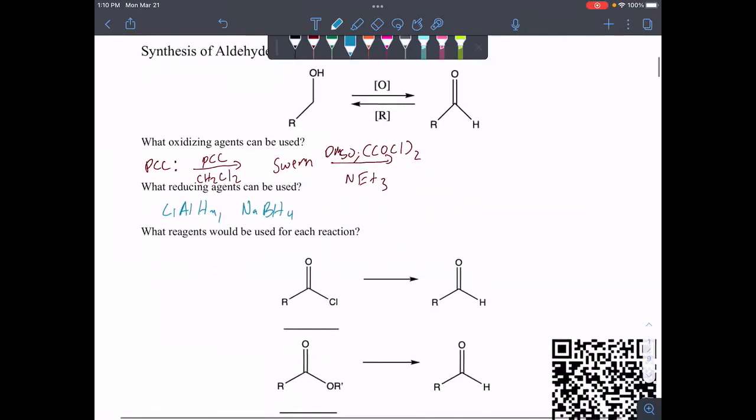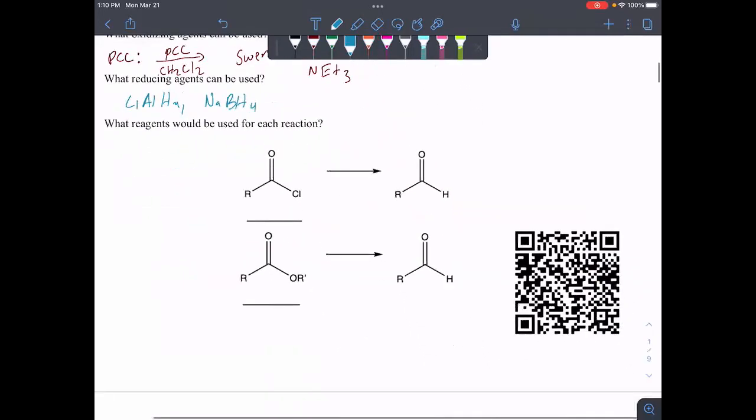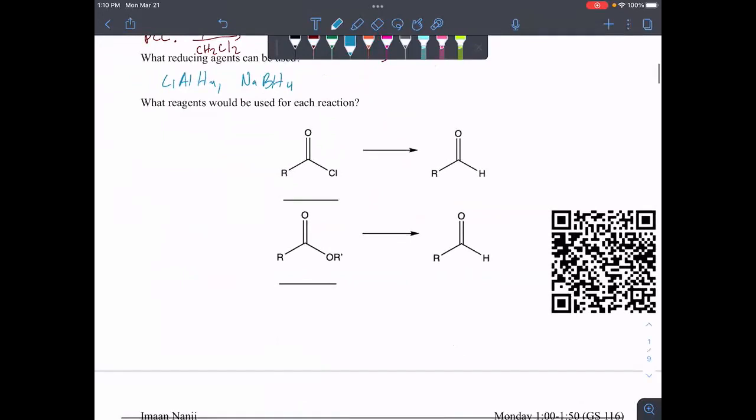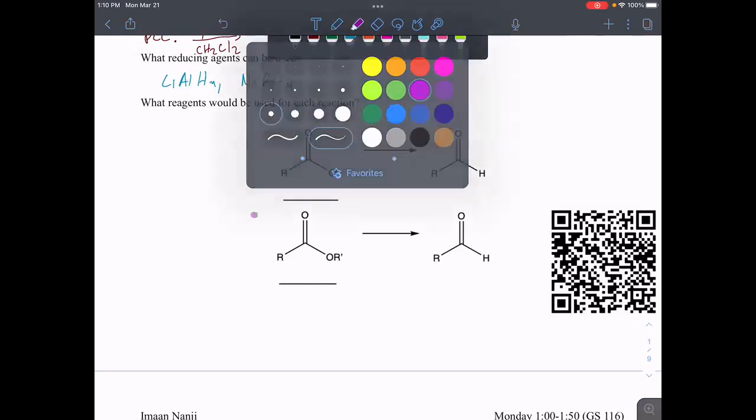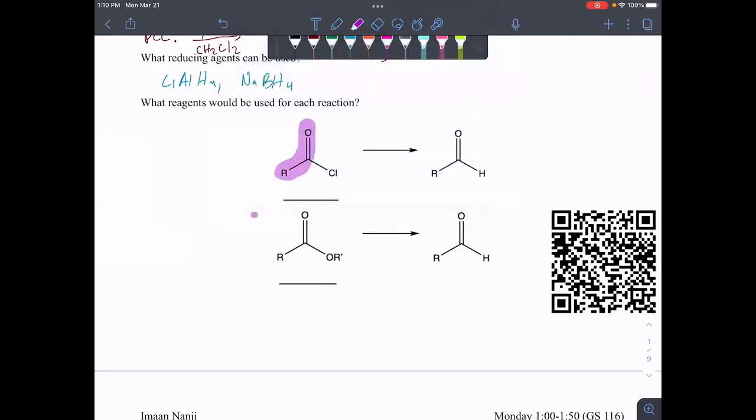Okay, so that's only for going from an alcohol to an aldehyde, but you can go from a bunch of other stuff to an aldehyde. So if you're taking an acyl chloride, remember, this is your acyl group, and if there's a halogen attached to it, it becomes an acyl chloride. So if we're going from that to an aldehyde, do you remember a reagent we'd use?